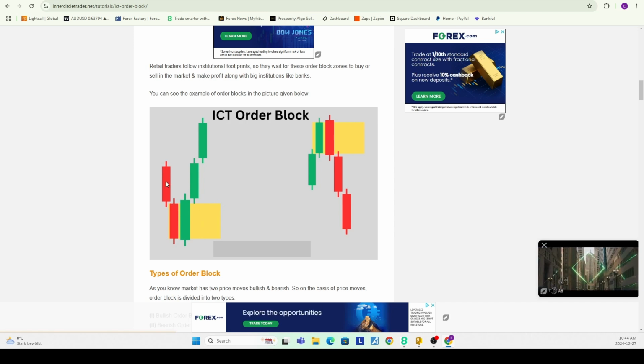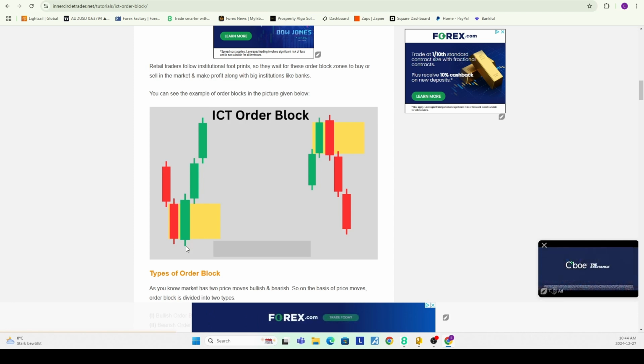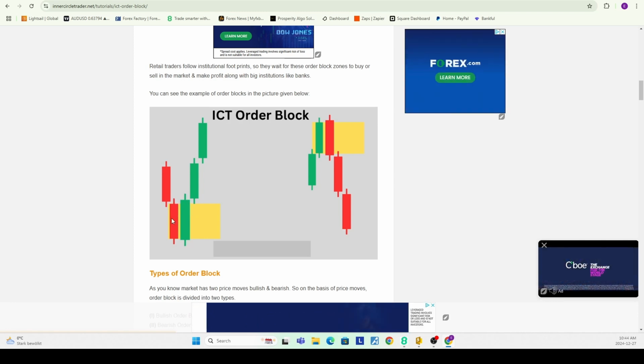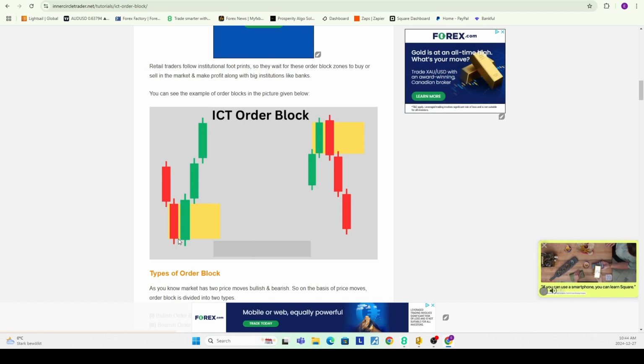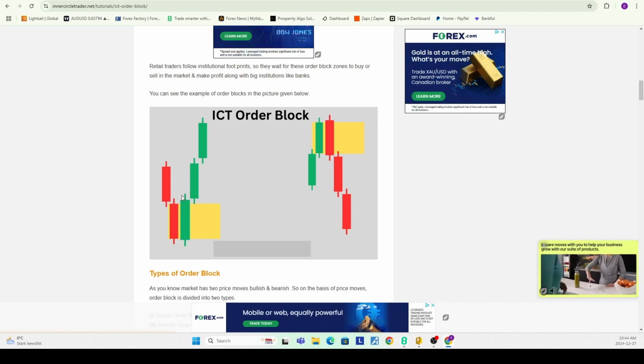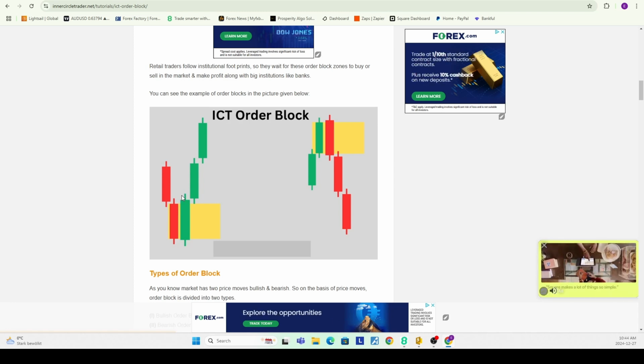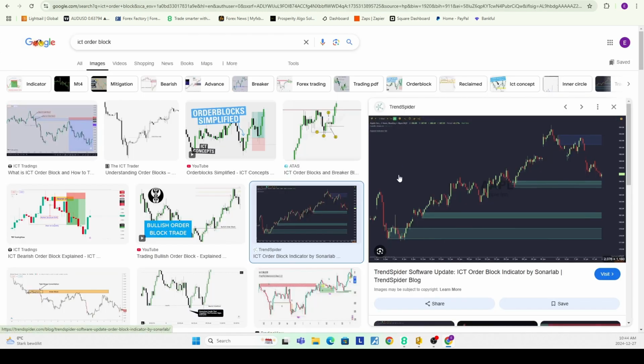And this is typically shown as a strong rejection off of a level. So you'd see one candlestick, in this case, bearish going down, and then a strong bullish candlestick pushing upwards. So you're looking for reversal points where large impulse candles occurred. So that is definitely a very valid concept in trading.